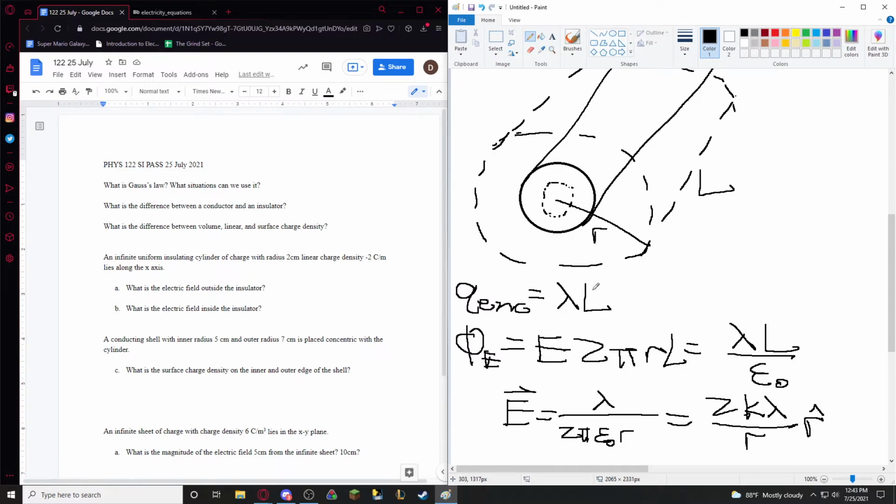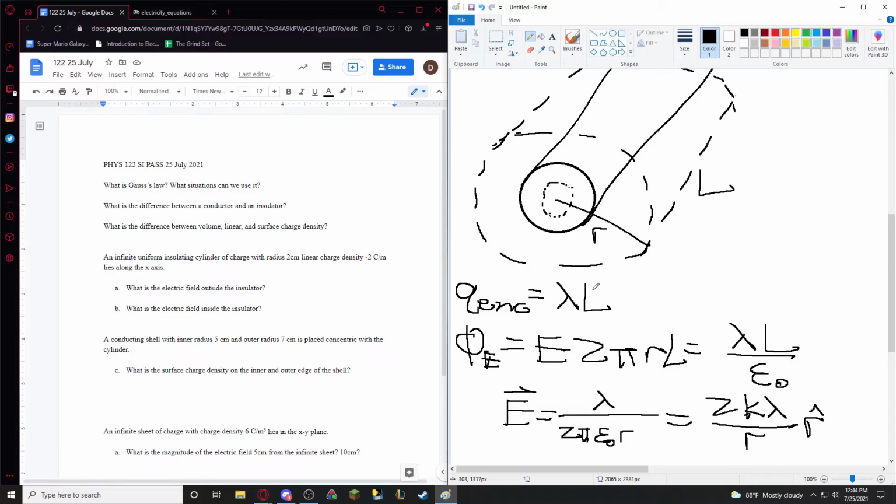Well, you have to figure out the charge over the length of it. That's going to be tricky on its own. We know the cylinder of charge is uniform, right? Since that's uniform, the charge is still going to be the same.